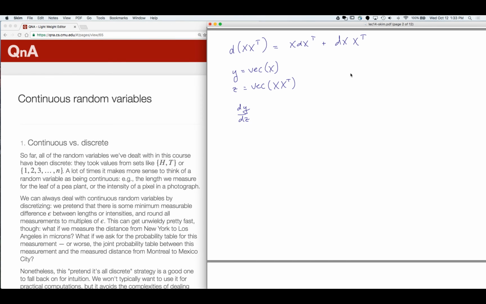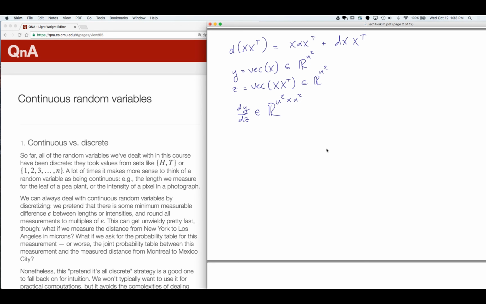Now, this is in R n squared, because x was an n by n matrix. X X transpose is also an n by n matrix, so this is also in R n squared. So this is a matrix, right? It's a Jacobian of a transformation, and it's an n squared by n squared matrix.